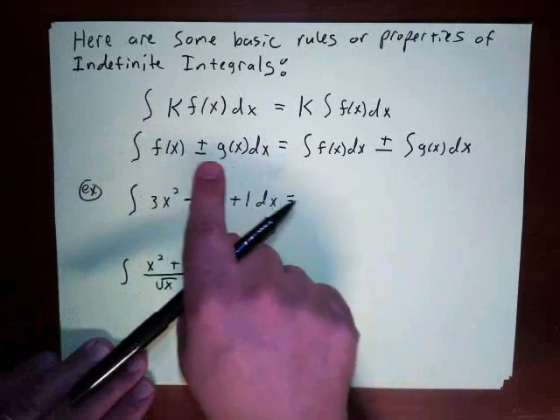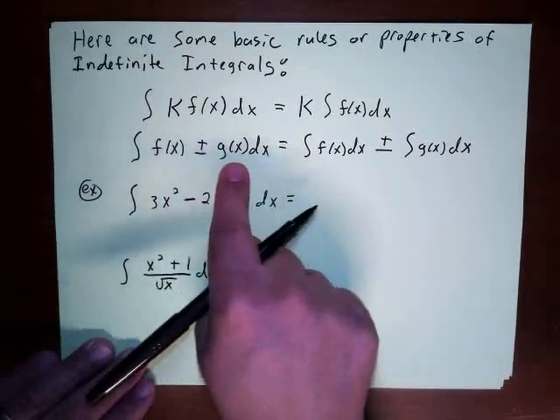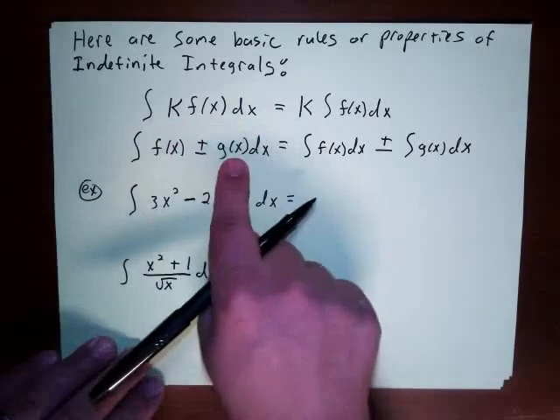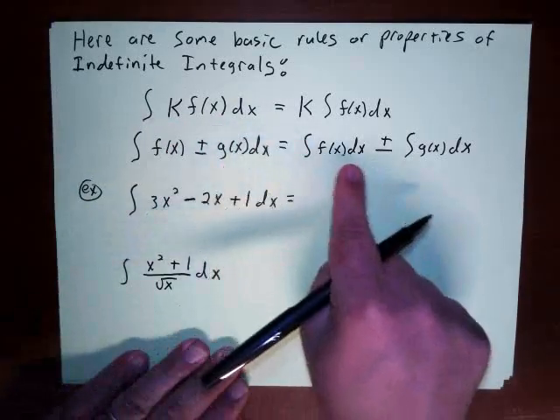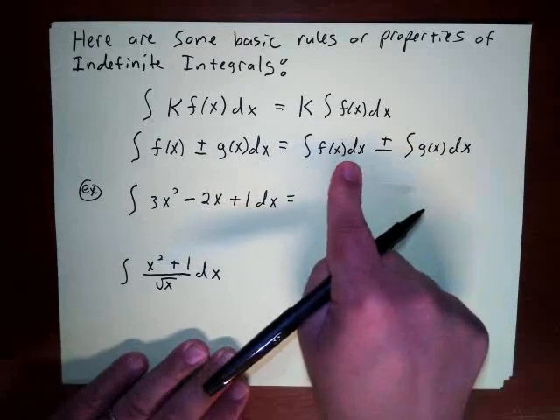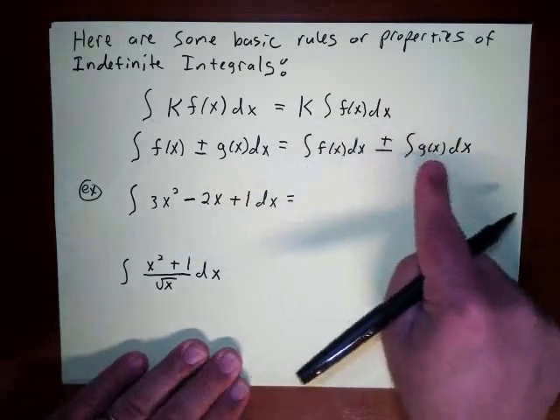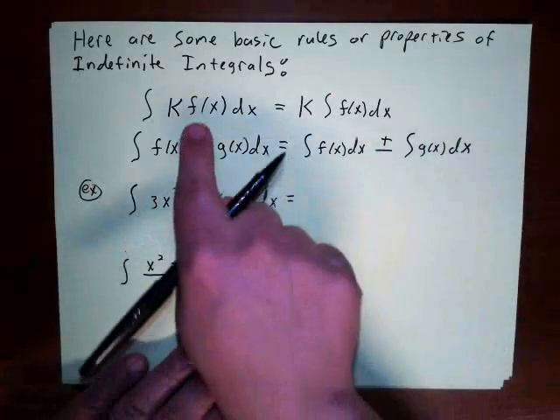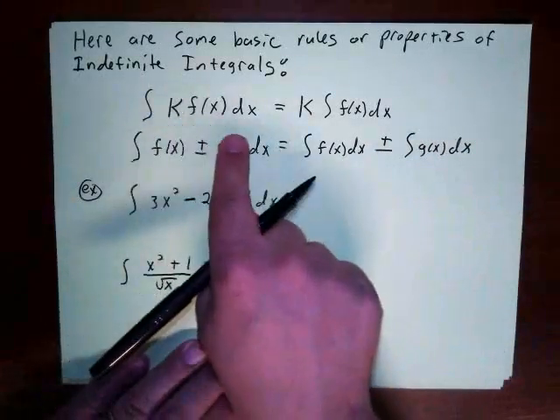The other rule is like a sum difference rule, and we also had this for derivatives. If we have the sum or difference of two functions inside an integral, then we can split this up into two different integrals. It'd be the integral of f of x with respect to x plus or minus the integral of g of x with respect to x. So basically, you can pull out constant multiples.